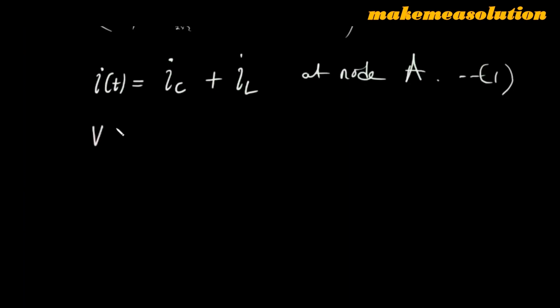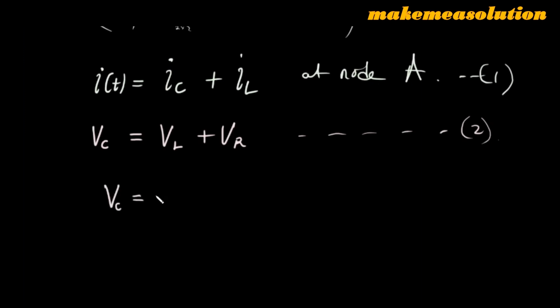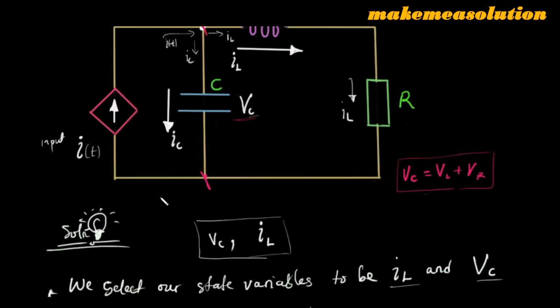We can write our VC, that's the voltage across the capacitance, is equal to VL plus VR. So this is another equation, equation 2. Now, the final equation that we're going to work with is VC, the voltage across the capacitance, which is the point that we're interested in.